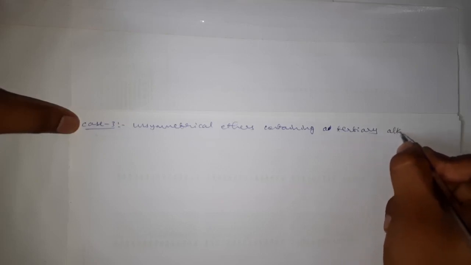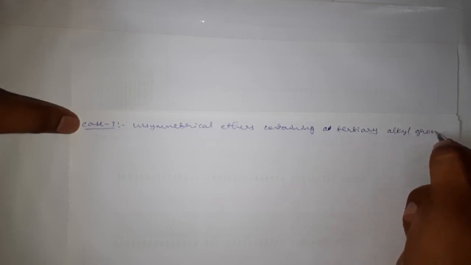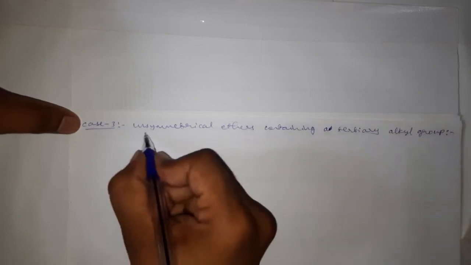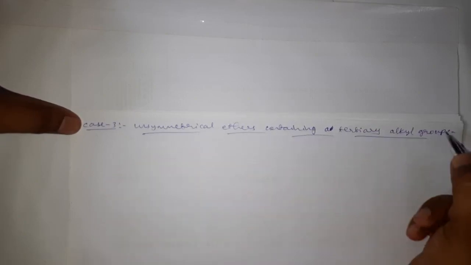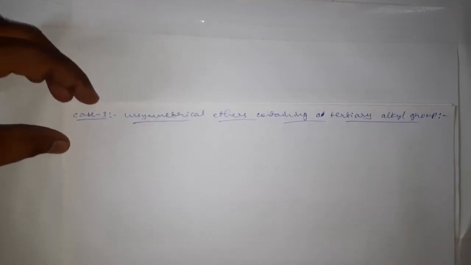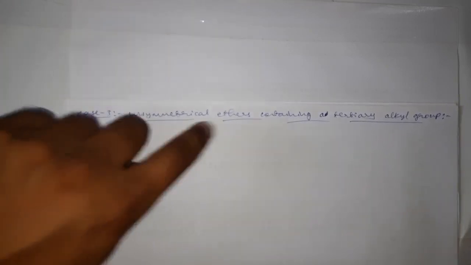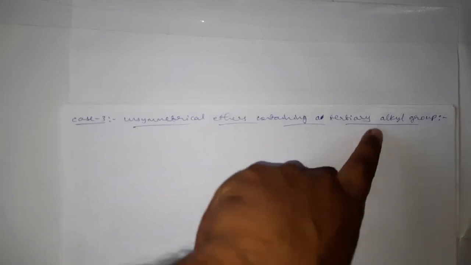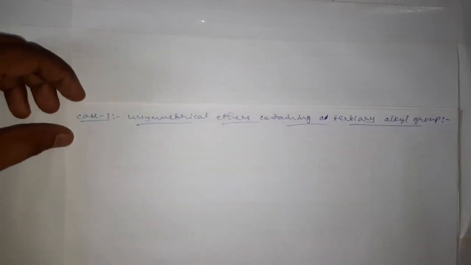Unsymmetrical ethers containing a tertiary alkyl group. In this case, how the ether, that is unsymmetrical ether which is containing a tertiary alkyl group, is reacting with cold and concentrated hydroiodic acid.